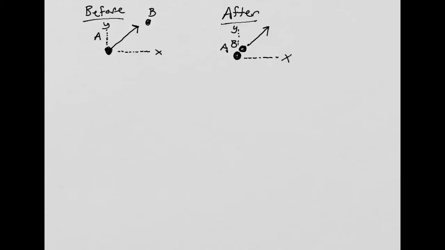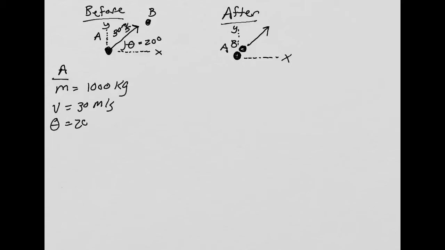So now we need to assign a mass and a velocity to each object before and after the collision. So object A before has a mass of 1,000 kilograms, and its velocity, we have our theta here, is 20 degrees, and its velocity is 30 meters per second.